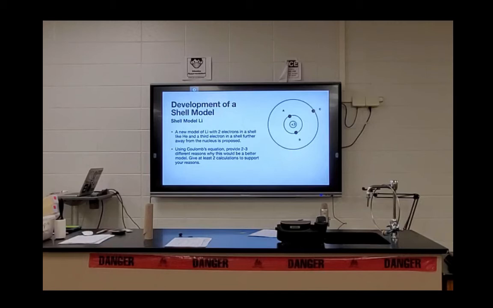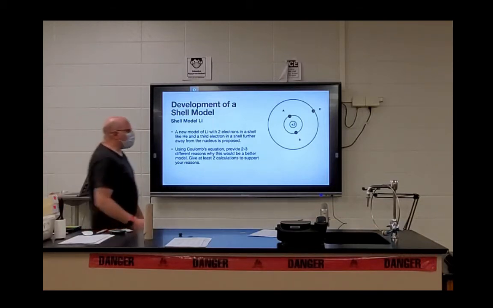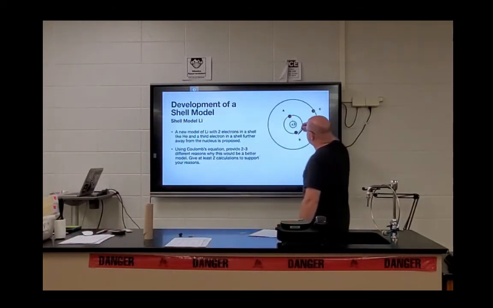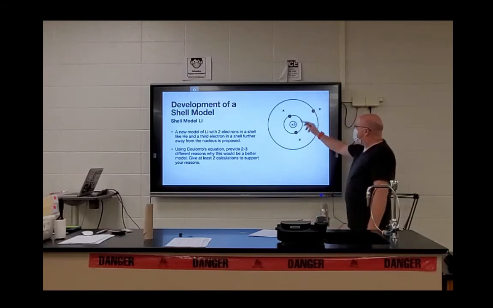Using Coulomb's equation, provide 2 to 3 different reasons why this would be a better model. Give at least 2 calculations for it. Time-wise, I think you guys can do that. You can make 3 equations, right? Actually 4, but there'd be more than that, right? We get one equation that would describe these 2. We have one equation that describes that.